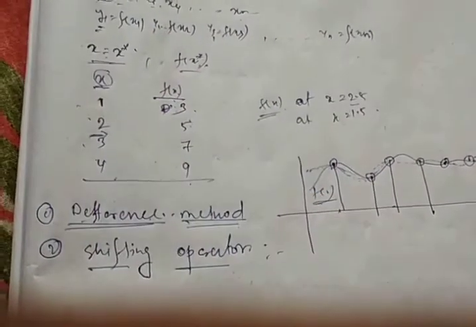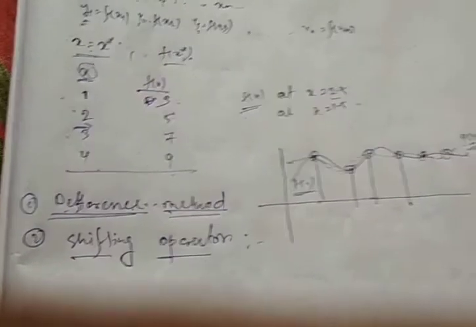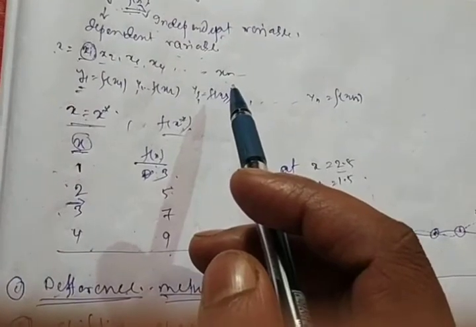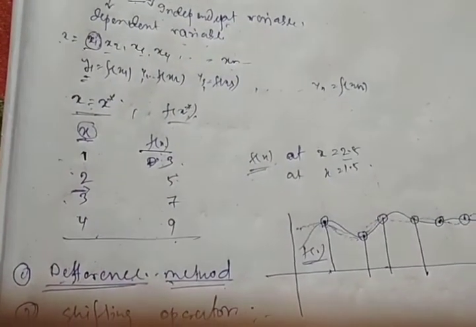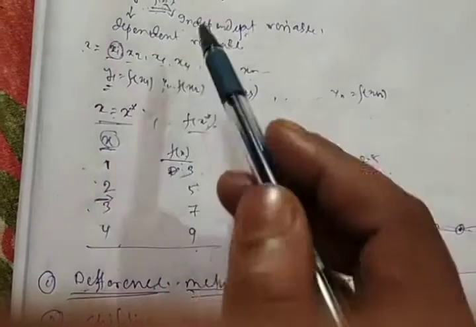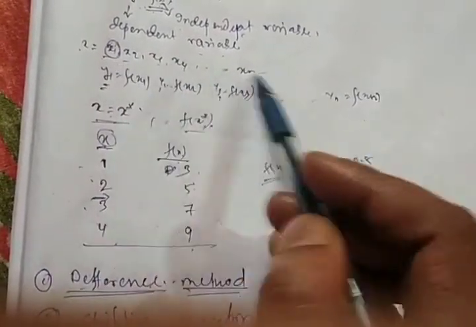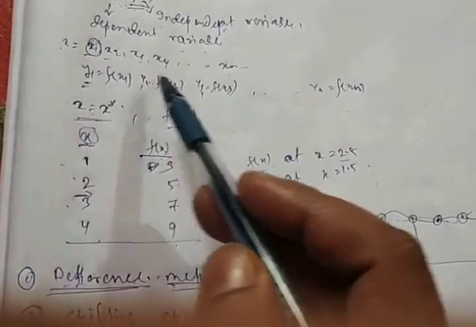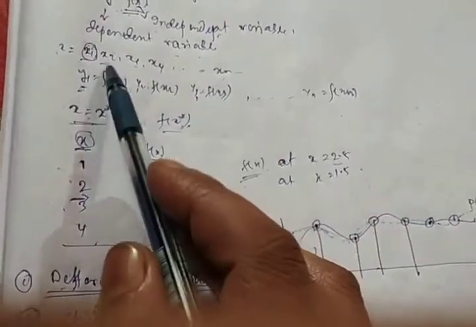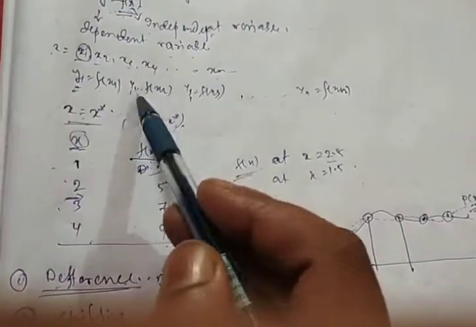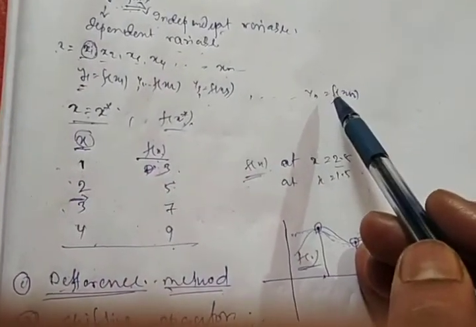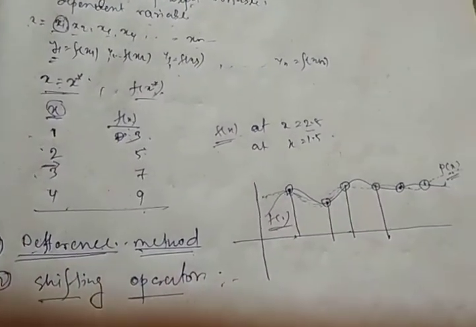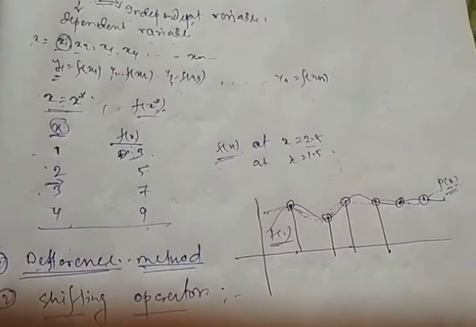The intermediate values of x, that is x1, x2, x3, x4 up to xn, these are called the entry, and the corresponding values of f(x), that is y1, y2, y3, y4 up to yn, are called the argument of the given data.